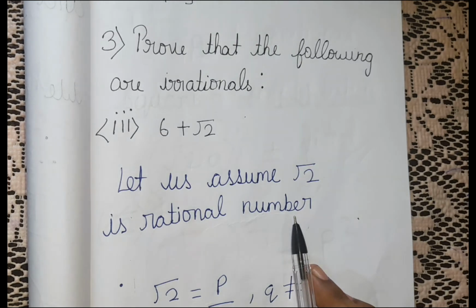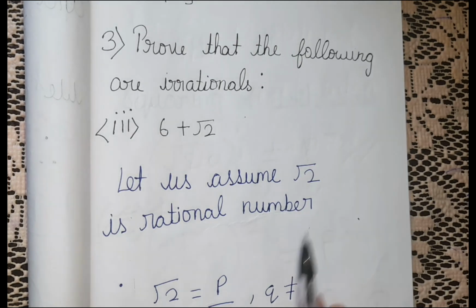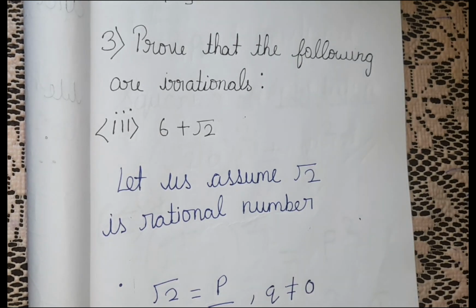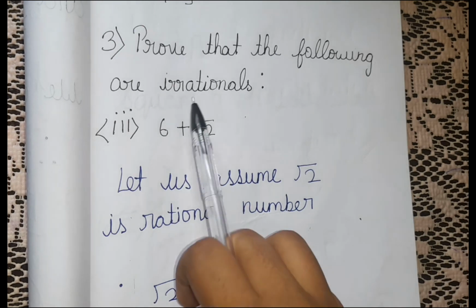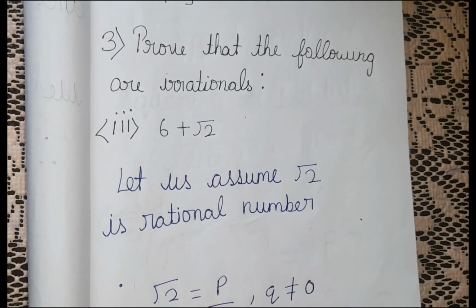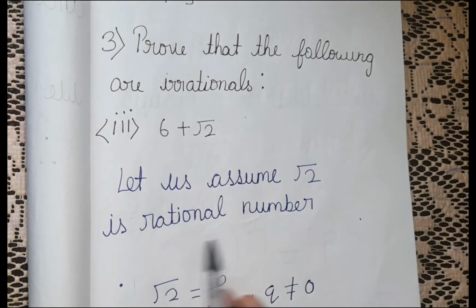That is why in the last part we wrote that it is a contradiction. Just because of the contradiction, we changed from irrational to rational. And at the end of the question, after solving it and before getting an answer, we should write that it is a contradiction because we changed from irrational to rational number.